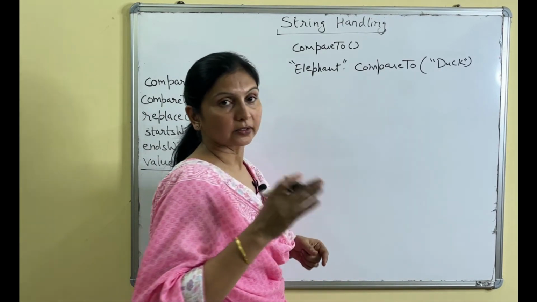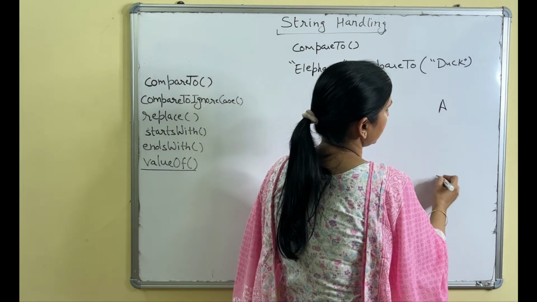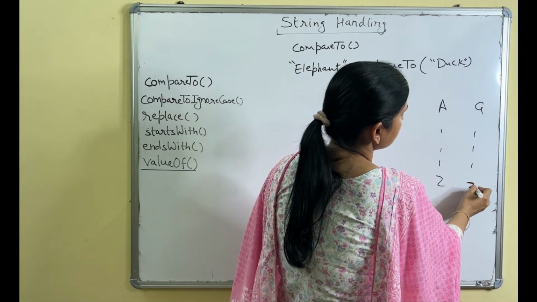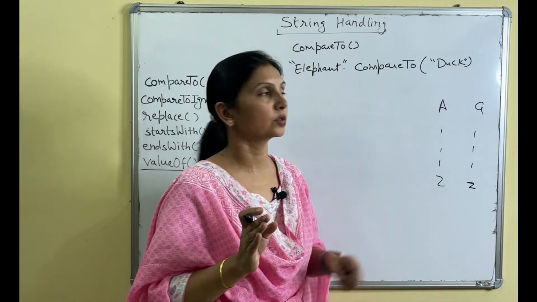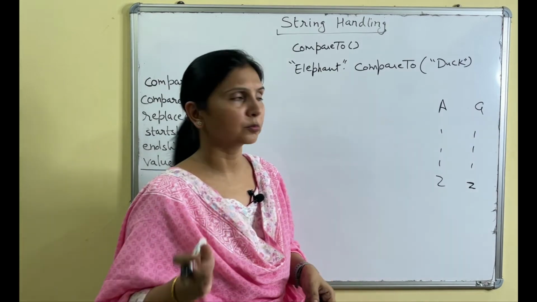For that you should know the ASCII code of capital A to Z and small a to z. As I always tell you, you should learn the ASCII code of capital A to Z and small a to z. It will be needed in most of the programs.